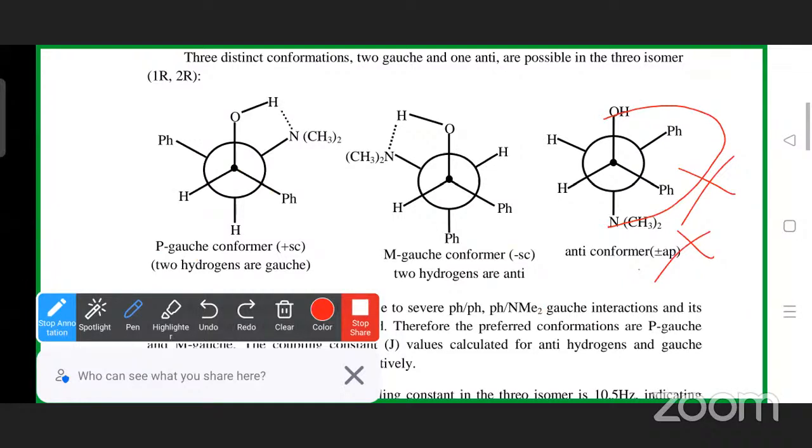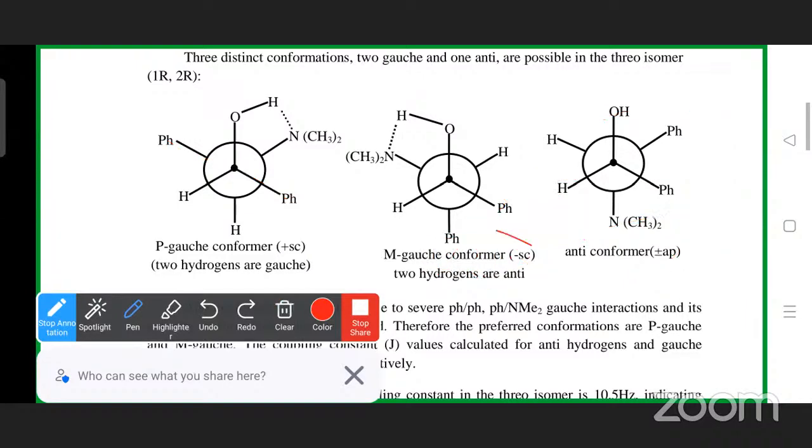And the one where the two phenyls are both adjacent is less stable; the other is more stable. Now the erythro compound.